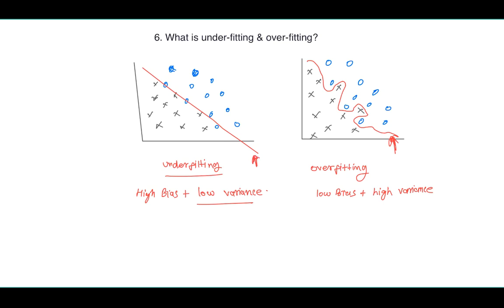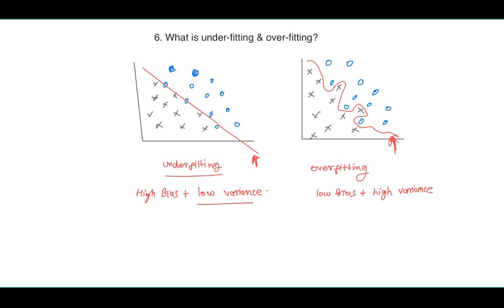Low variance means there would not be much variance in the boundary line, and the predicted values would be mostly concentrated at a single spot. So these are the underfitting and overfitting definitions.